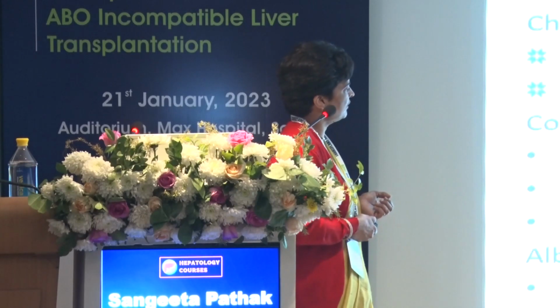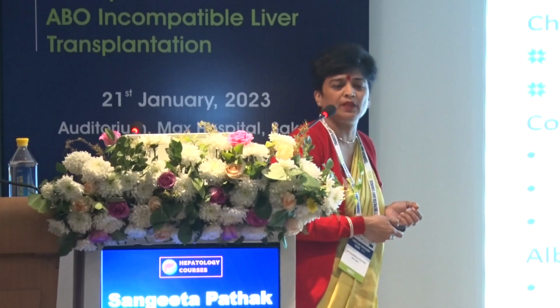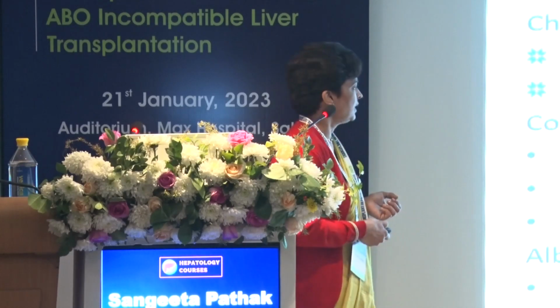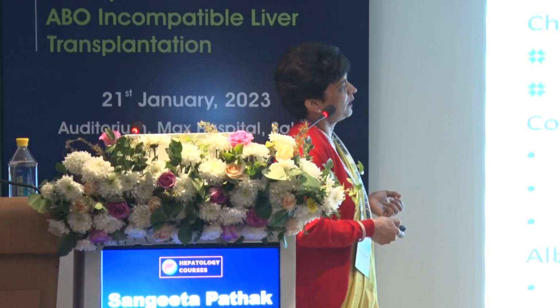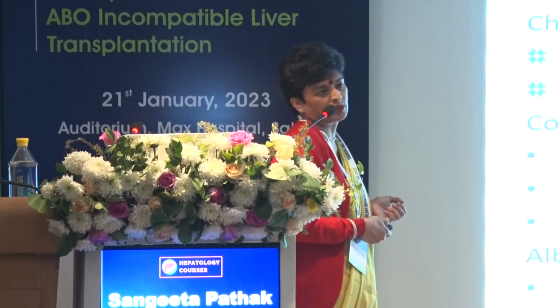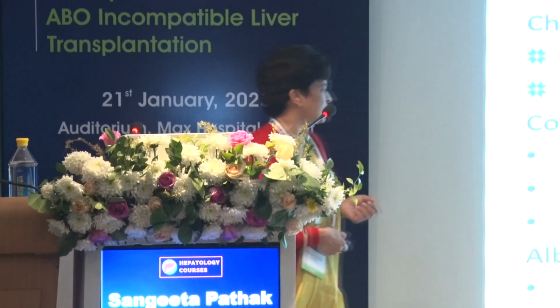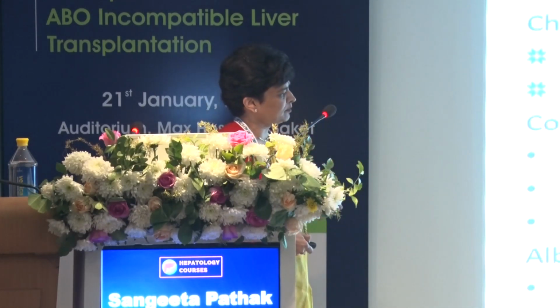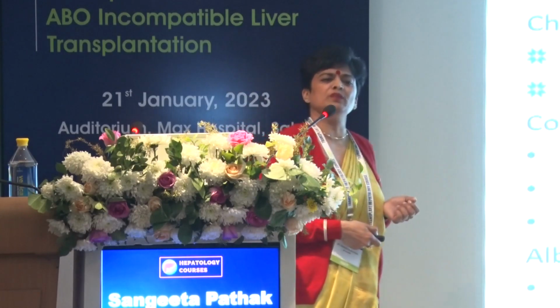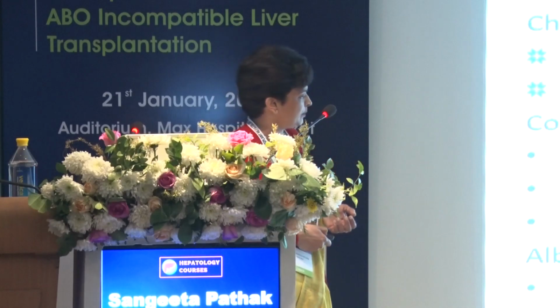It has a long shelf life and minimal risk of infectious disease transmission, which with FFP is always there, though it is a tested component, but still it is there. High cost is a disadvantage of albumin. Another disadvantage is the lack of coagulation factors and ADAMTS13, which would be important for TTP cases.